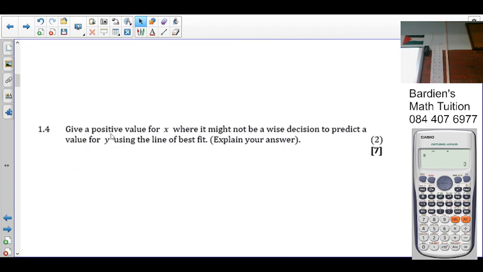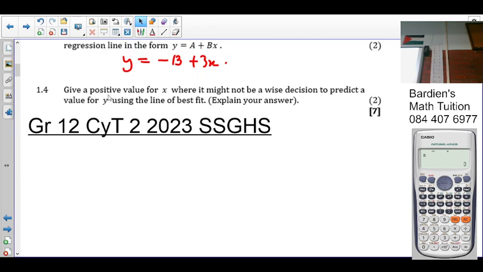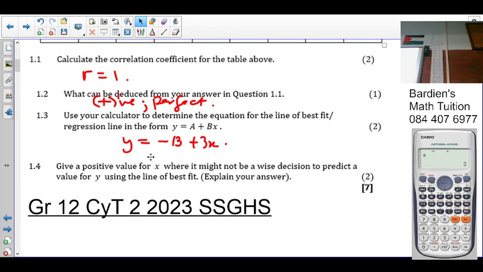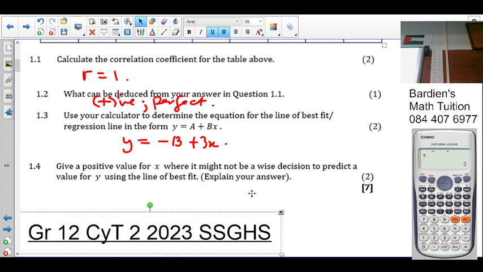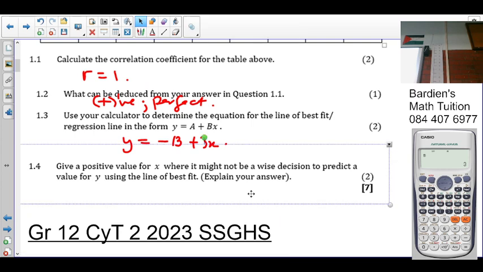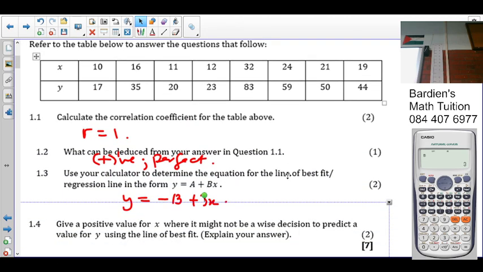Let's look at number 4. Number 4 says, give a positive value for x where it might not be a wise decision to predict the value for y using the line of best fit. Explain your answer. Firstly, it must be a positive value, so greater than 0. What's the lowest value here, people? I think it's 10.